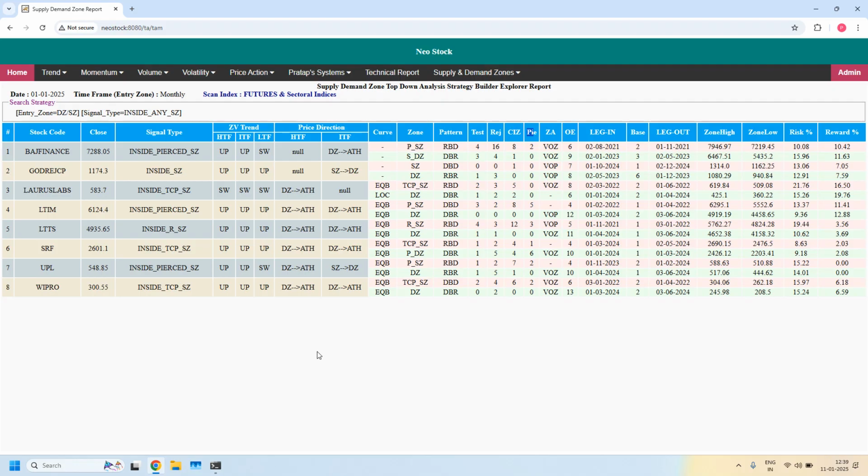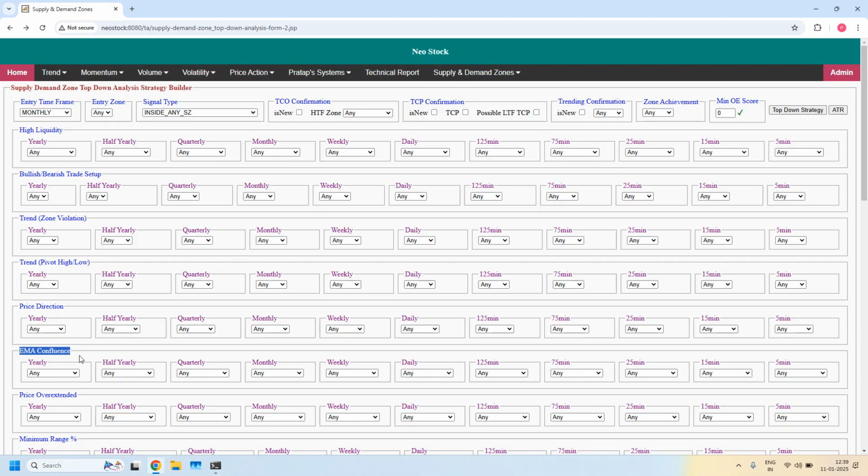Okay. Next, let me further filter based on the monthly supply zones with monthly EMA confluence. At monthly time frame, the monthly supply zone having monthly EMA confluence, and the trend on monthly time frame should not be sideways.